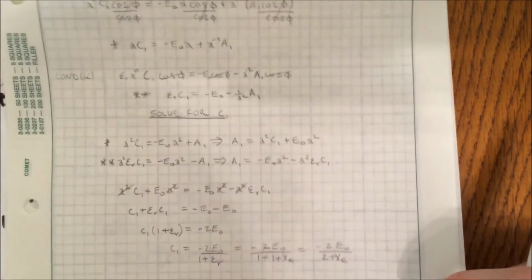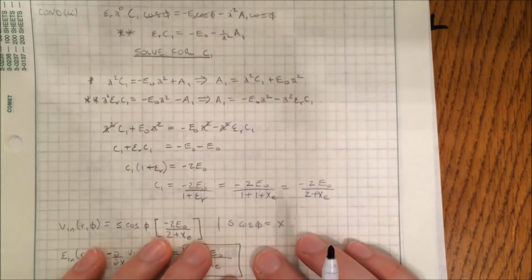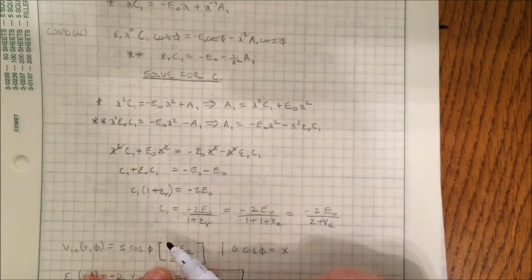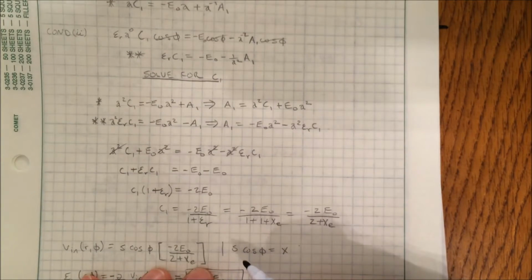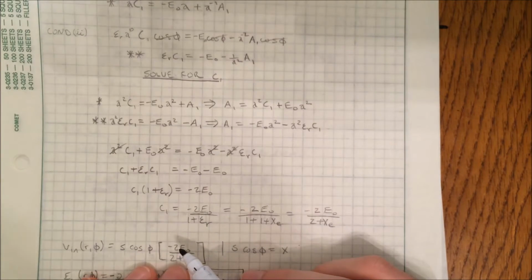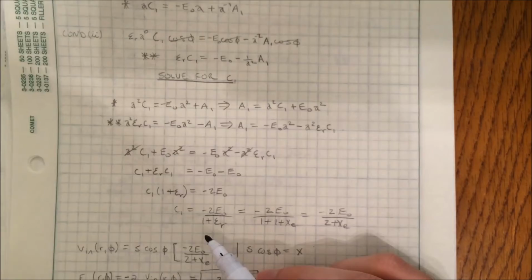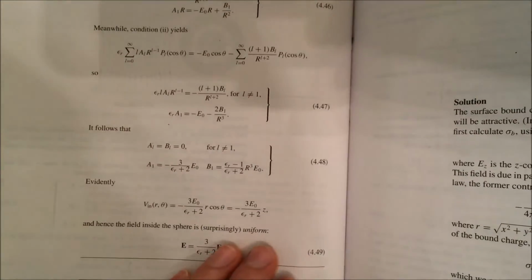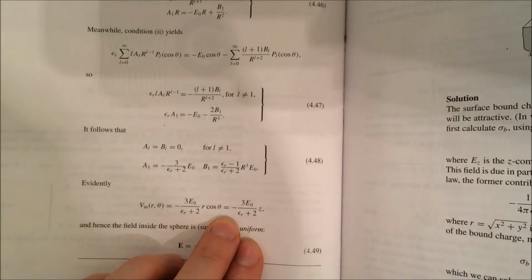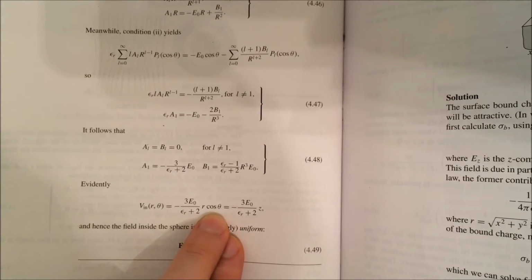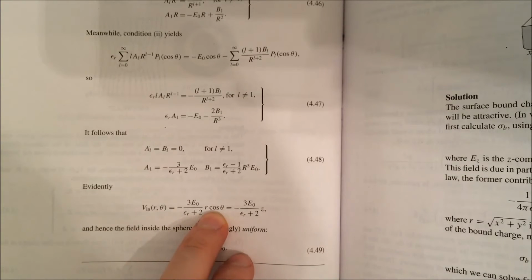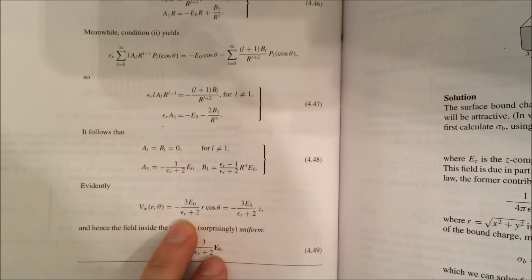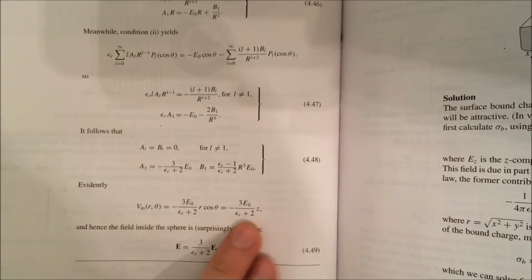After equating all of our coefficients, we're left with the potential function equal to this, and if we take the derivative of the potential function, we get the electric field. From the book, I didn't quite understand this as well, but for this r cosine, you take the derivative of this, they said this is equal to x, and then you're just left with this in a direction.